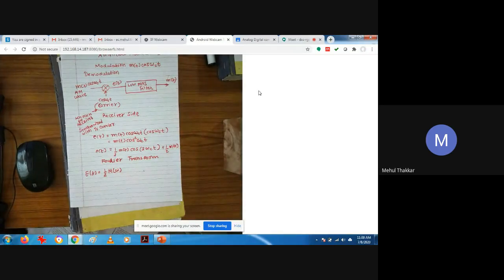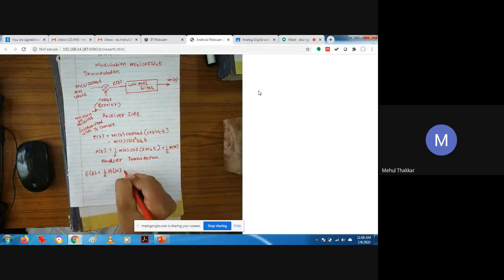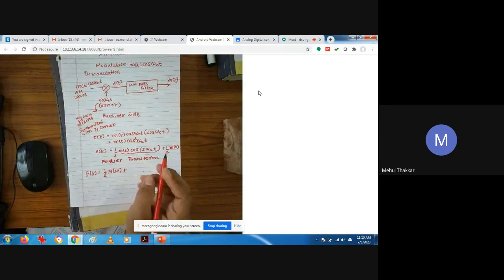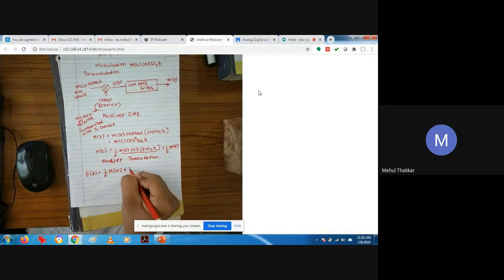Then another term which we have is m of t into cos 2 omega ct. If it is multiplied, it will be shifted. Whatever the spectra of m of omega, that will be shifted according to this omega c. So you will have the spectra omega plus 2 omega c and omega minus 2 omega c, according to the property of the Fourier transform, and it will be divided by 2.